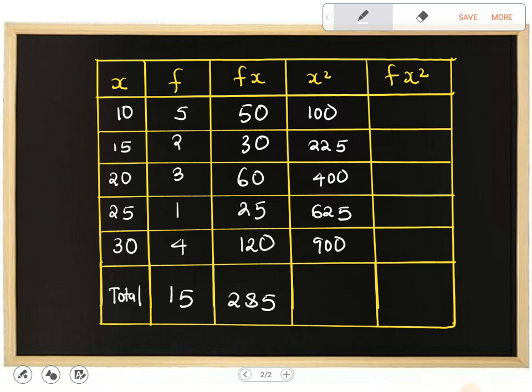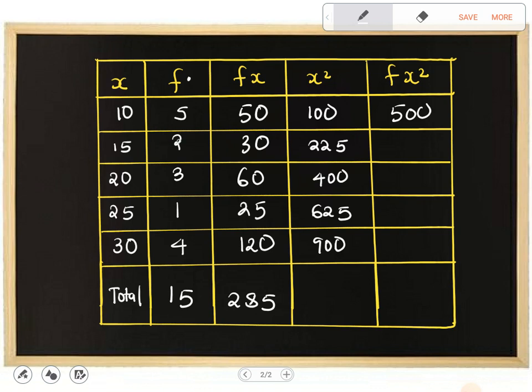All right, we can now proceed. Let's find f times x squared. This frequency here, we multiply by that one. So 5 times 100, 500.